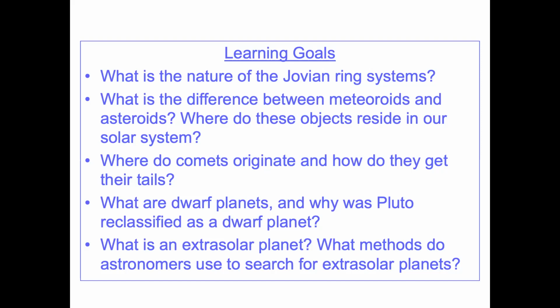And then we'll talk about dwarf planets, specifically the hot topic amongst many millennials of Pluto and why Pluto is no longer considered a planet. And we will also explore a little bit about extrasolar planets. And we'll talk about what that word extrasolar means a little later on in the lesson.